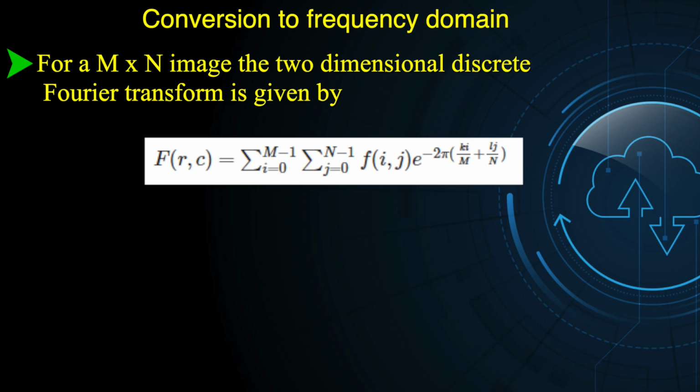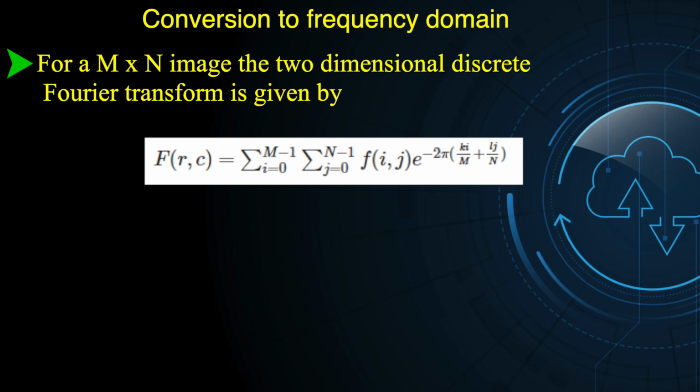Here the index starts from 0, m is the size of the image, j is the column, we are going to columns from 0 to n minus 1, f(i, j) is the image to which the Fourier transform is being applied, e to the power minus 2 pi j (k i upon m, l j upon n). So, again m and n, m is the number of rows, n is the number of columns, and i and j are indexes.